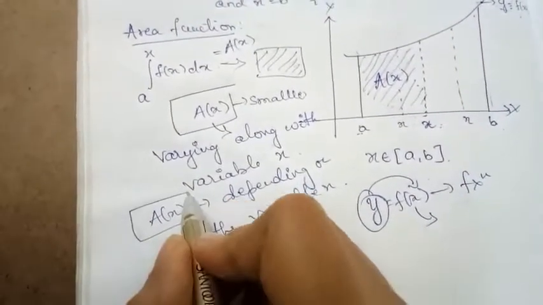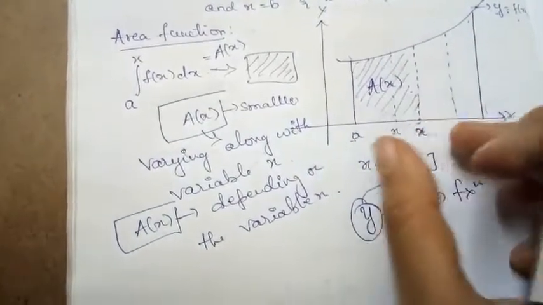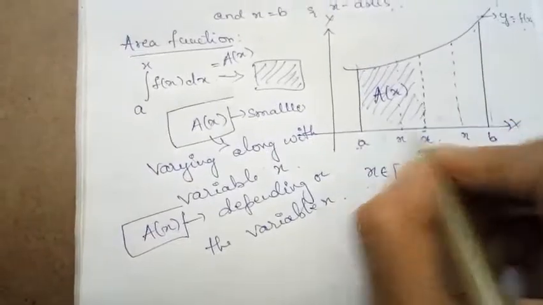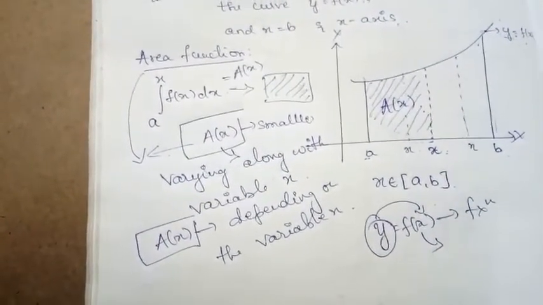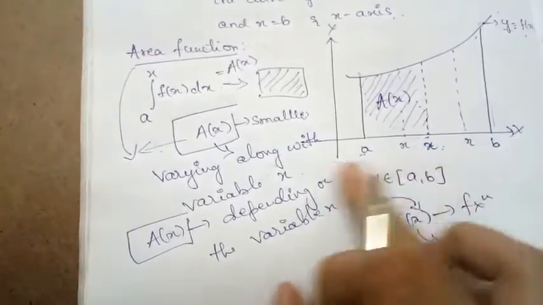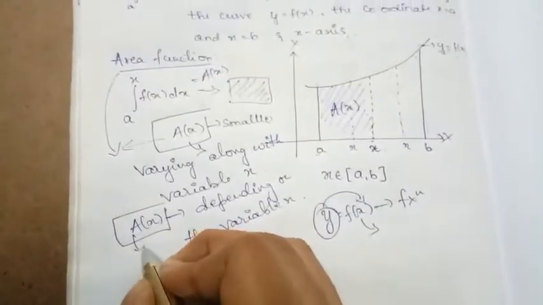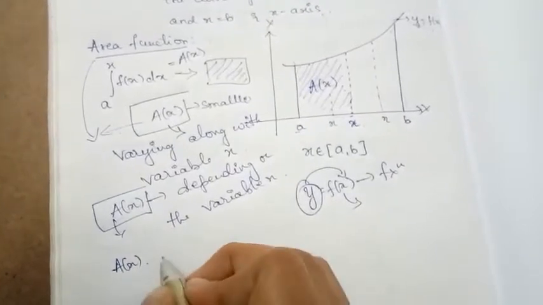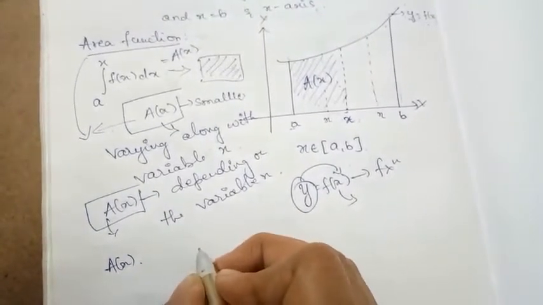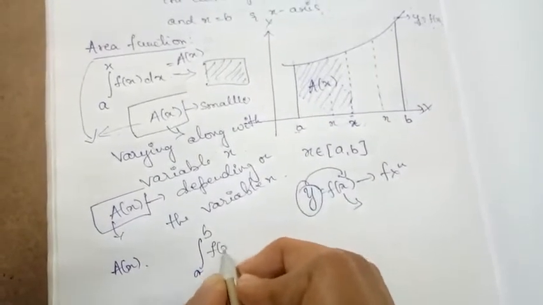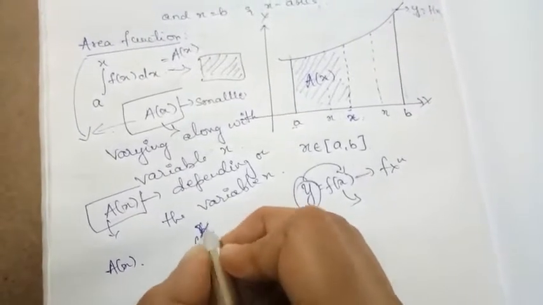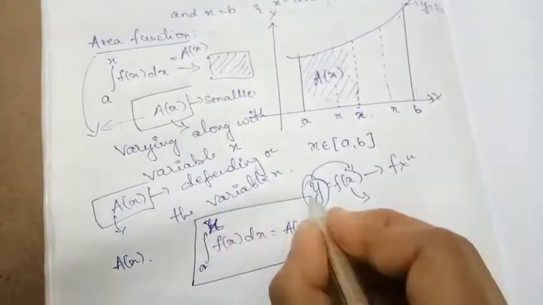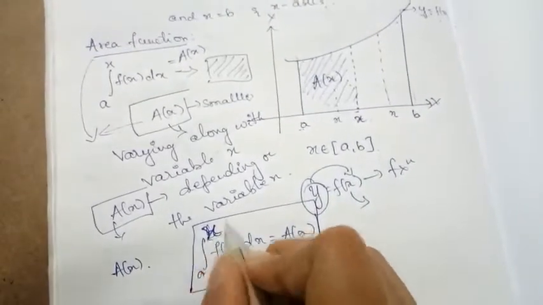Clearly here A of x is the area under the curve from a to x, which varies as x varies, so A of x is called an area function, because the area varies along with the variable x. This area function A of x is defined as the integral from a to x of f of x dx, not a to b, because here our area varies with the variable x.